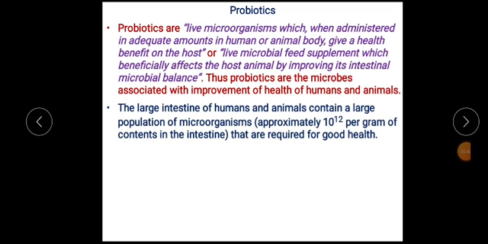Then we have studied already that our large intestine has normal flora. So large intestine of human and animals generally contain a large population of microorganisms, approximately 10 to the power 12 per gram of the contents in intestine. And this population is required for a good health. So what is the role of these normal flora organisms?